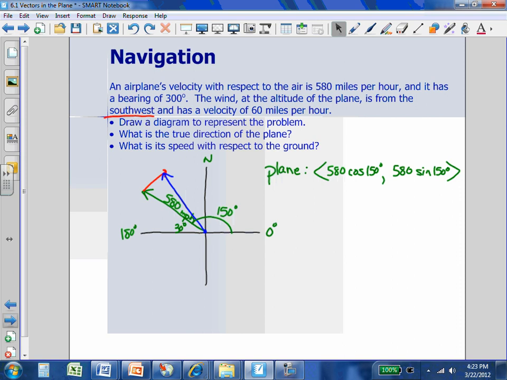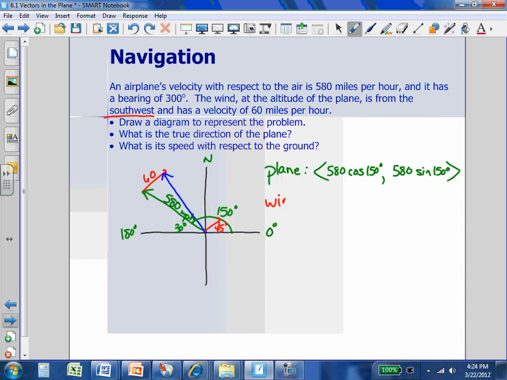Okay, now let's talk about the wind. Now when we had this back down here, it was headed northeast. That means it's exactly in the middle at 45 degrees. And its magnitude is 60 because it's going 60 miles per hour.